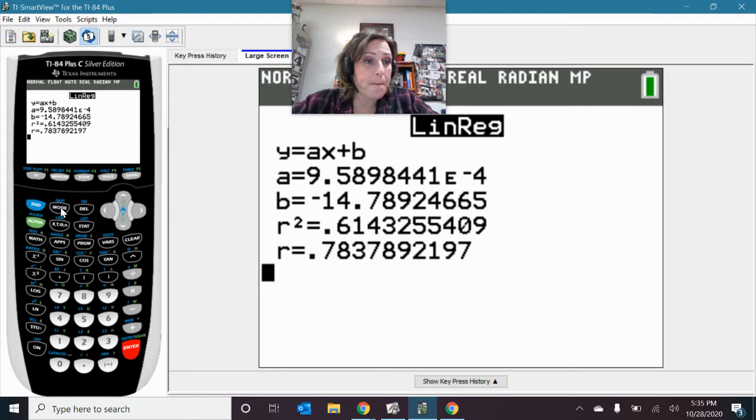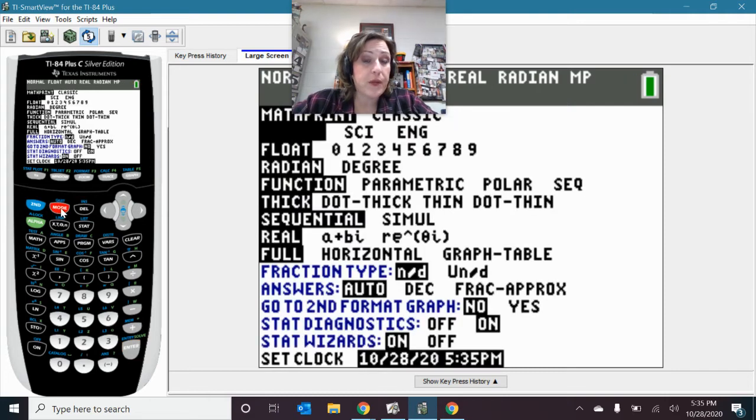Under mode, you just press mode. And so you can see this menu of items. This right here, FYI, Stat Wizards, if that is turned on, that's how you get that menu of items that tells you what to plug in, like what do you want your X variable to be? L1. What do you want your Y variable to be? L2. Okay, but this is right here. Look, stat diagnostics.